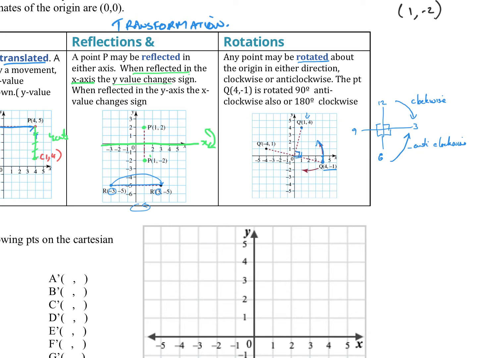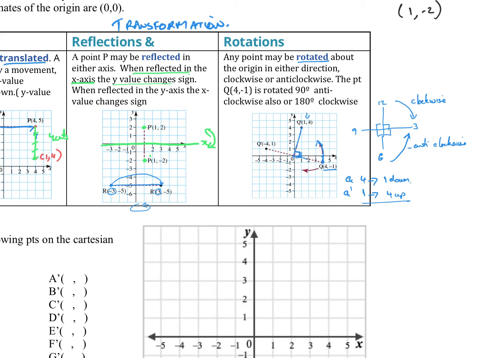Instead of Q being 4 to the right and 1 down, the point Q dash, the reflection, is actually 1 to the right and 4 up. Okay, so the point is we try to end up with a 90-degree angle between them.